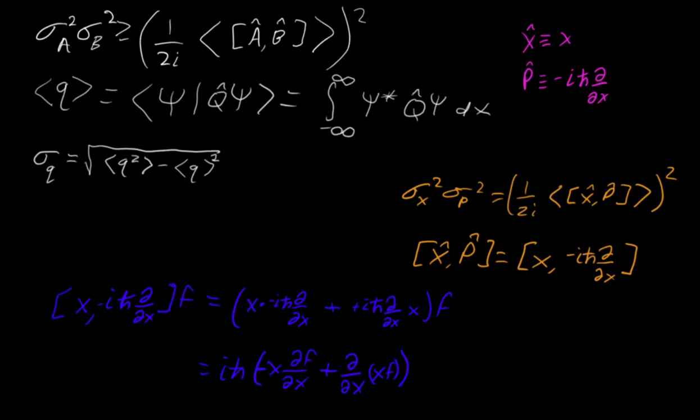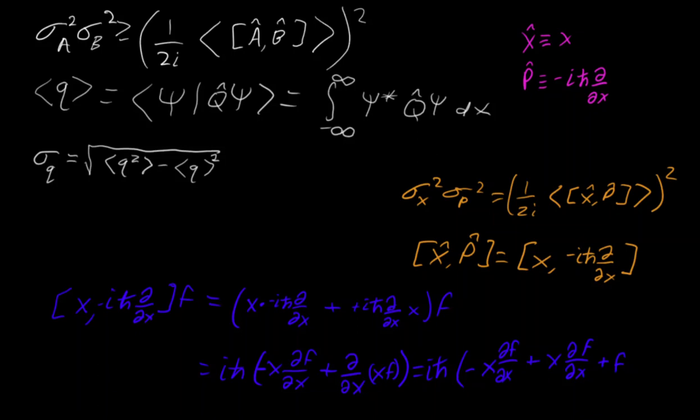And now, this is where things start getting different, because we have to use the product rule. So this is i h bar times negative x df by dx, plus first times the derivative of the second, so x df by dx, plus the second, f, times the derivative of the first.